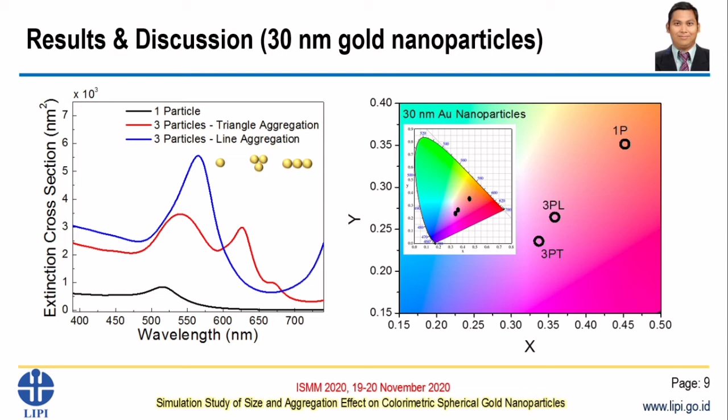Triangle and line aggregation produce different extinction curves, the red and blue curve respectively. This aggregation of gold become purple, denoted by point 3pt and 3pl.